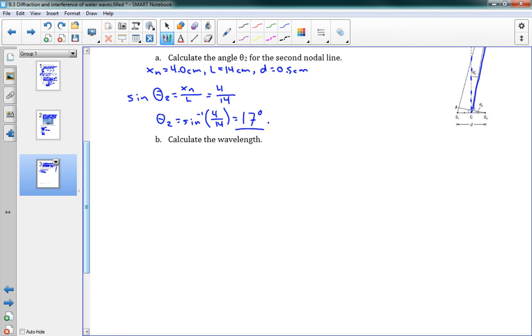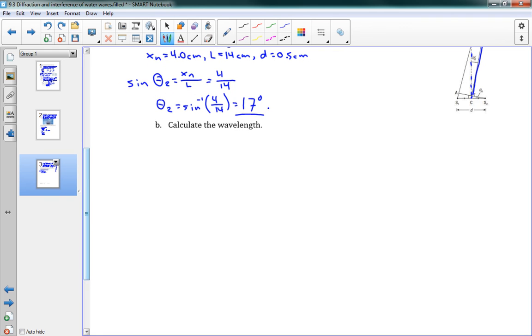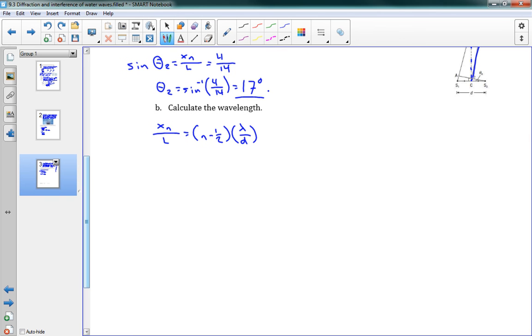Next one, we want to calculate the wavelength. Now we use that equation that I just wrote above, which is to say that xn over L is equal to n minus 1 half times lambda over d. I can rearrange this to solve for lambda. I get lambda is equal to xn d over L times n minus 1 half.